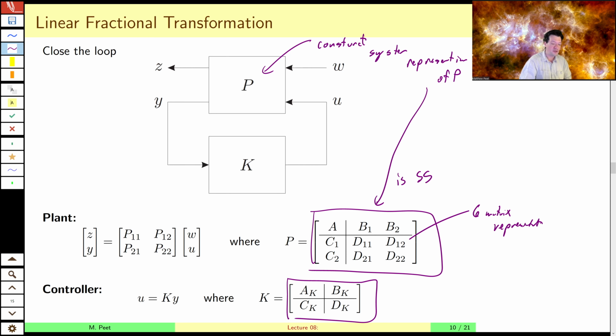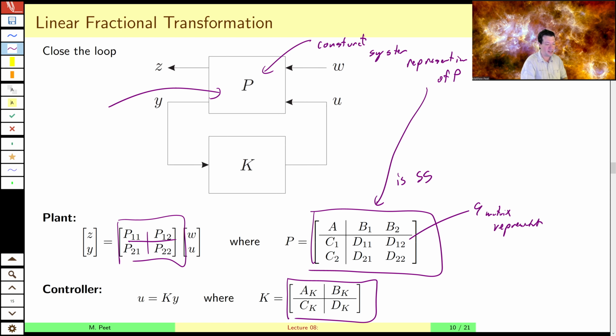So again, I emphasize that the whole point of this first part of the lecture is to get from whatever control problem you happen to have to this 9 matrix representation of the plant that you're trying to control.